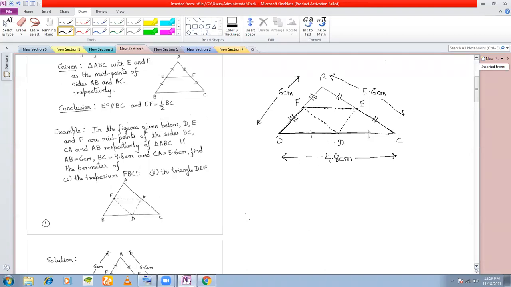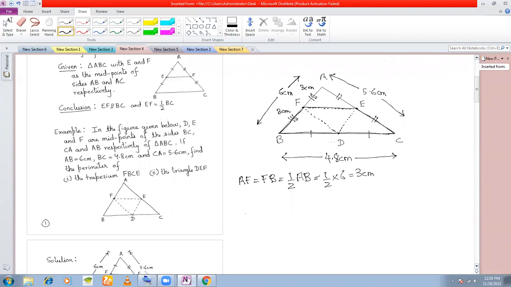So first of all, what can you say? If F is the midpoint and AB is 6 centimeters, then this must be 3 centimeters and this must be 3 centimeters. So we write AF is equal to FB is equal to half of AB, which is half into 6, which is 3 centimeters.